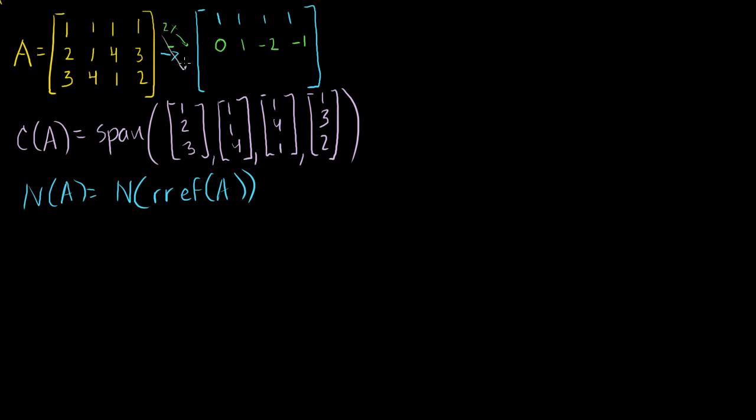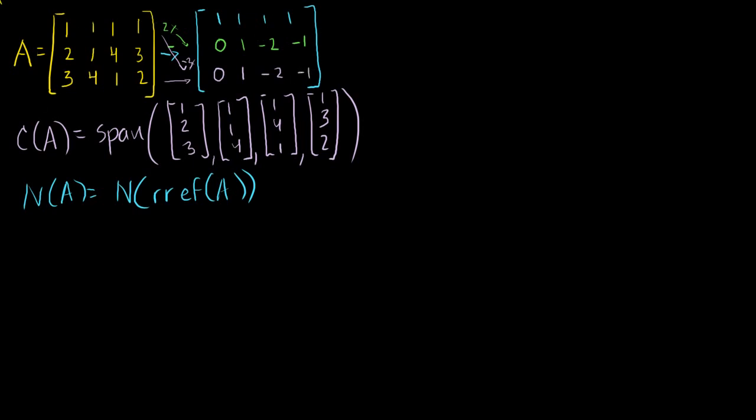So I'm going to take minus 3 times that first row and add it to this third row. So 3 minus 3 times 1 is 0. 4 minus 3 times 1 is 1. 1 minus 3 times 1 is minus 2. And 2 minus 3 times 1 is minus 1.